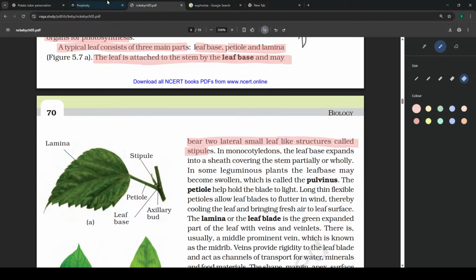Basically, the leaf is connected to the stem by the leaf base, and around this leaf base there might be two small leaf-like appendages that are called stipules. A leaf having stipules is called a stipulate leaf, and the next one is an exstipulate leaf, which doesn't have stipules.